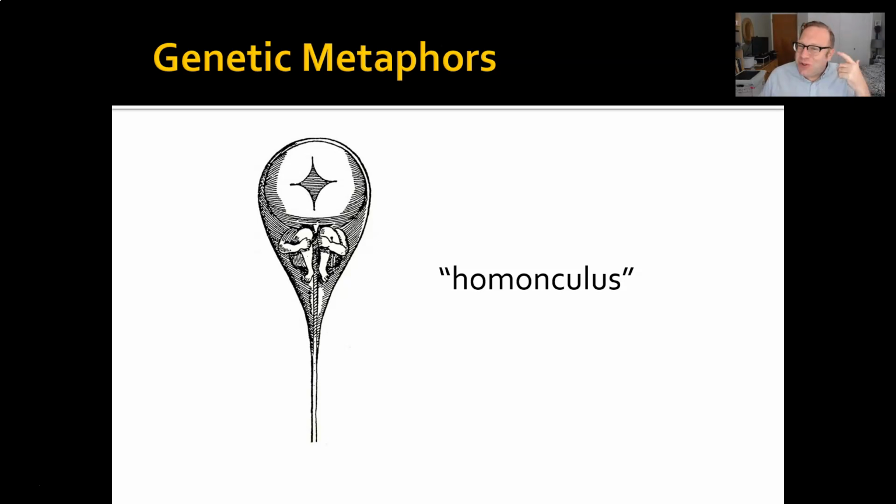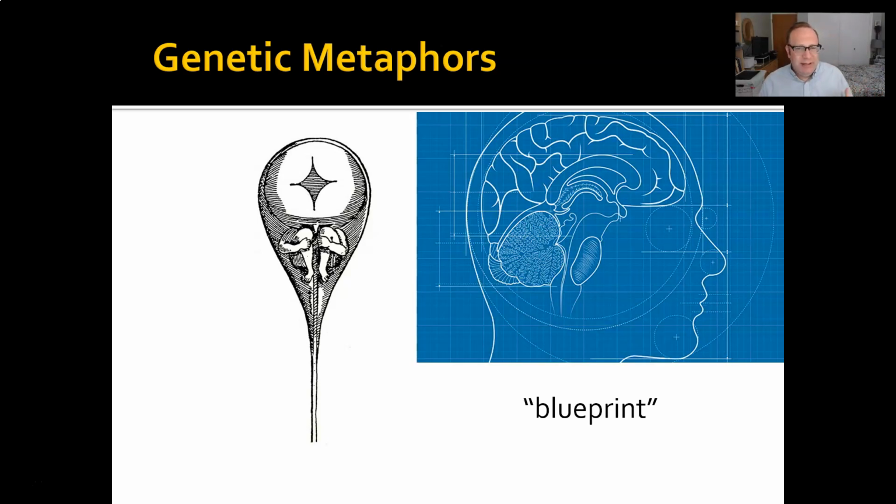But again, it was also kind of a metaphor. Some people kind of believed it, but also understood maybe there was something else going on. Nowadays, now that we've discovered DNA, we talk about it as being the blueprint for life, as if it's something that you just lay it out and do exactly what it says on the sheet of paper, and you'll end up with a human being.